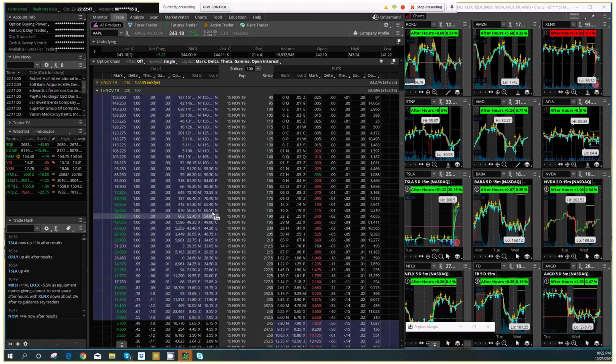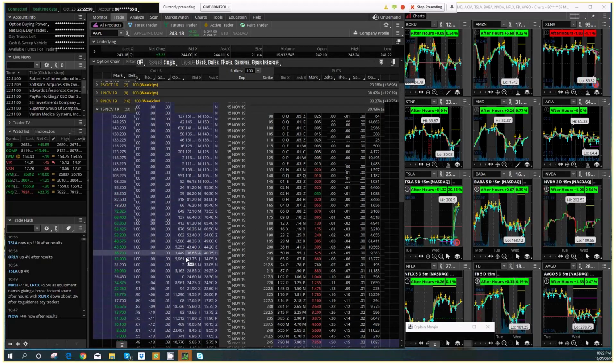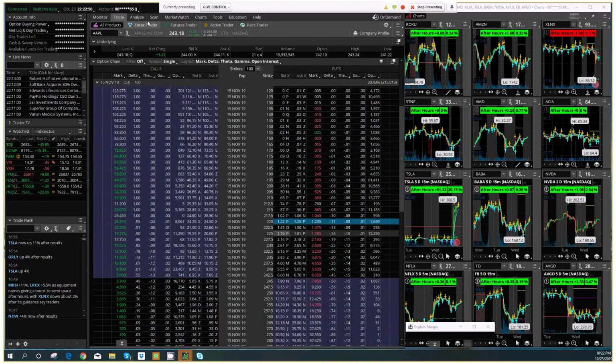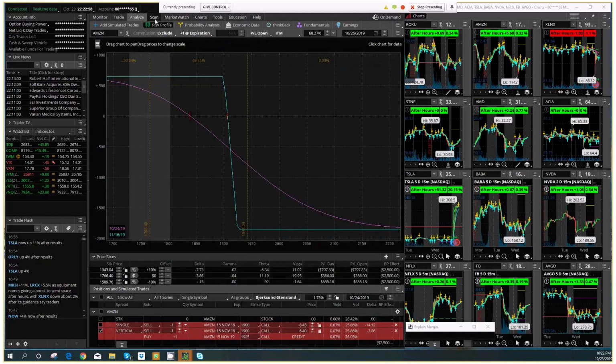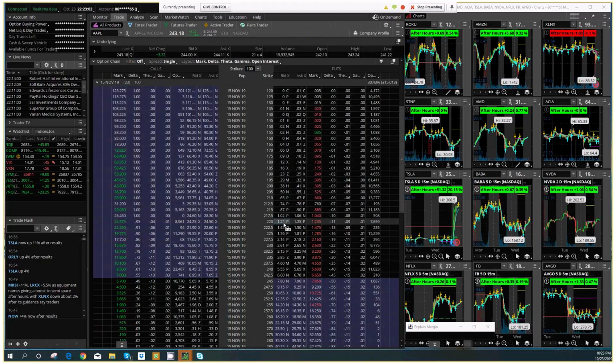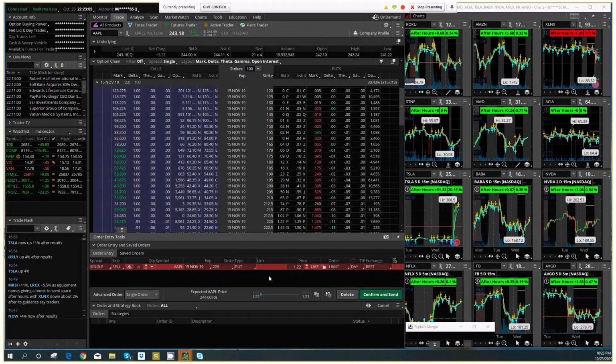Let's just say I sell a 220 put right here, and let's say I take in $125. At expiration, you sold this put and Apple's at 200. You're going to be in a loss. Obviously, you're going to have to buy it back for a higher price.